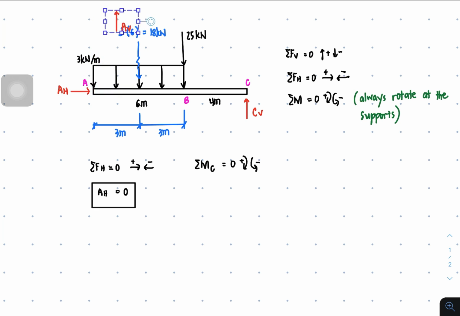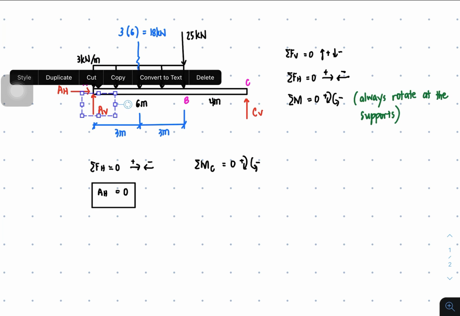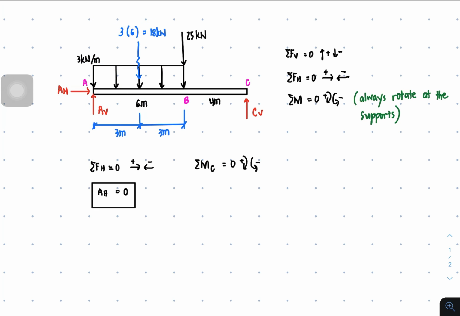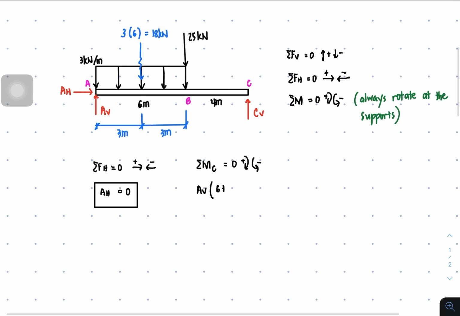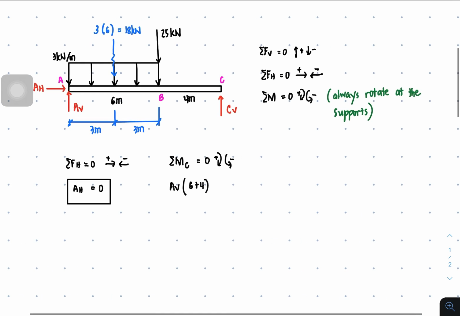So it's going to rotate clockwise in the position of point C. So you have AV clockwise, so that's positive. Then the moment arm of AV from point C is the distance of point A to point C. So the distance of point A to point C is 6 plus 4, or that's actually 10.